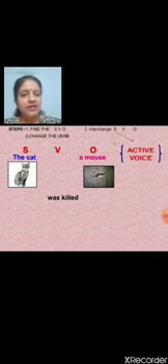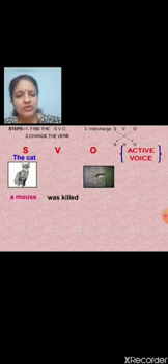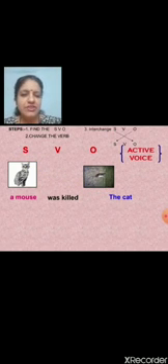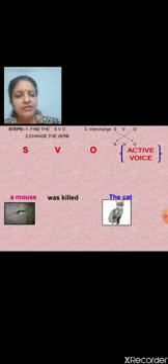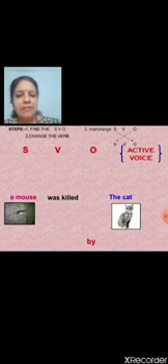And now the third step, very simple, just interchange subject and object position. The subject will take the object's position and object will take the subject's position. Right. So, mouse comes here and the cat takes the position of the object. We need to add the agent, before the agent, the word by.